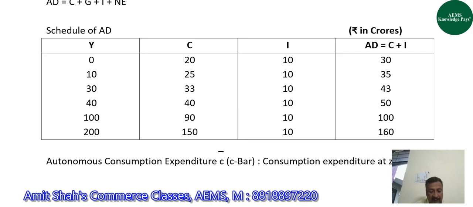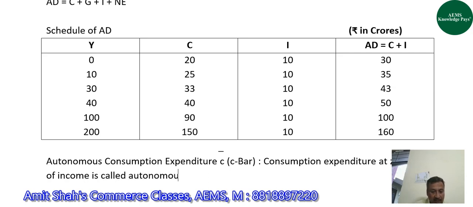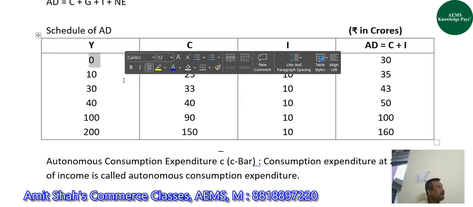Consumption expenditure at zero level of income is called autonomous consumption expenditure. So this 20 that you find here, guys, it is C bar because it is corresponding to zero level of income.